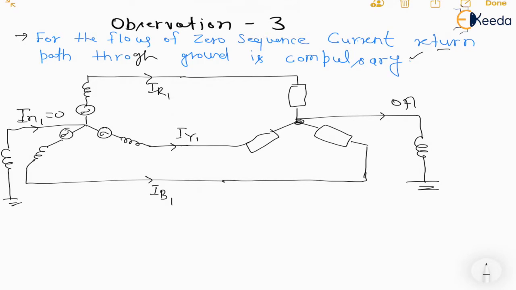So whether neutral is connected or not, there will be no effect on IR1, IY1 and IB1. We can see this in the positive sequence component. The same way we can see for the negative sequence. If we draw the negative sequence, then the voltage will not develop here and the circuit will look like this.